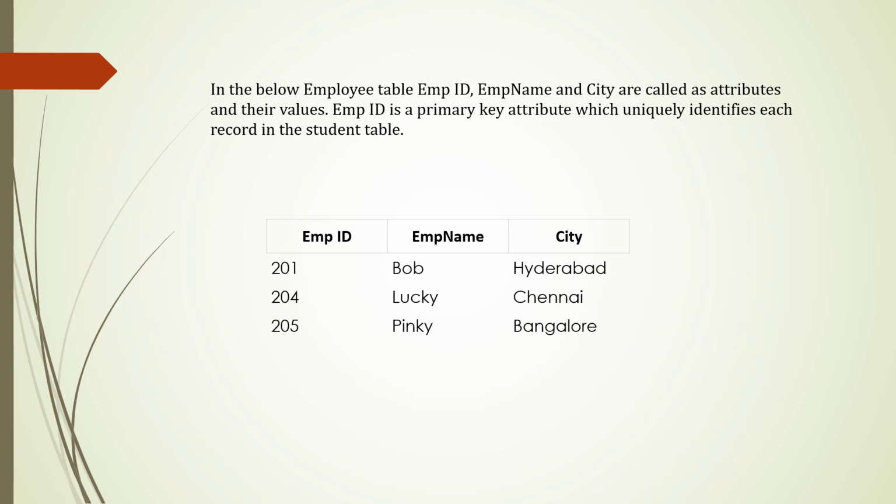The unique identifier in this employee table is the employee ID. We can also call employee ID, employee name and employee city attributes. This is a small example of a relational database.